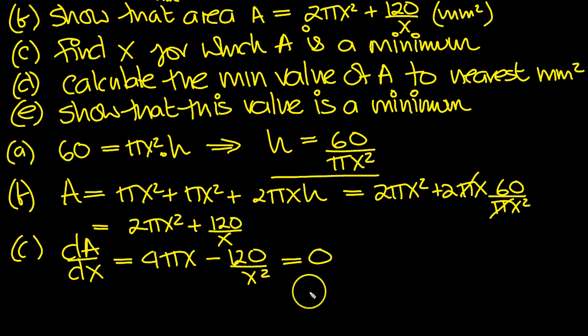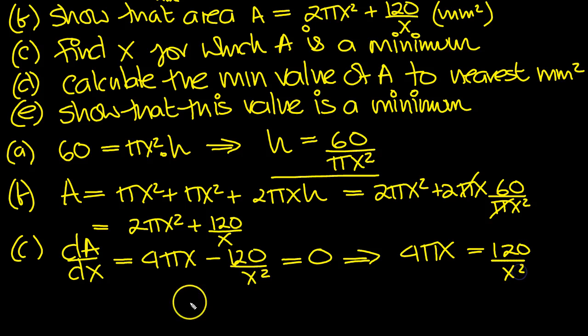Let that equal 0. That implies that 4 pi x, move this over the equals, equals 120 over x squared. So that tells us then, move the x squared up to give x cubed, equals, leave the 120 as is, and move the 4 pi down below the 120 at the same time.